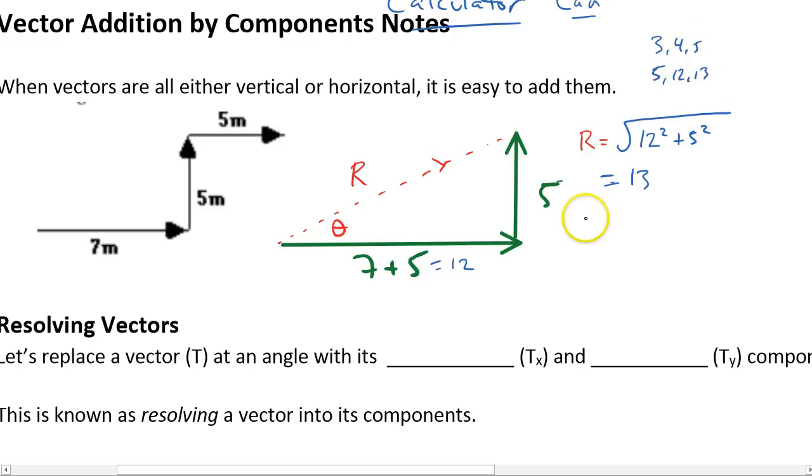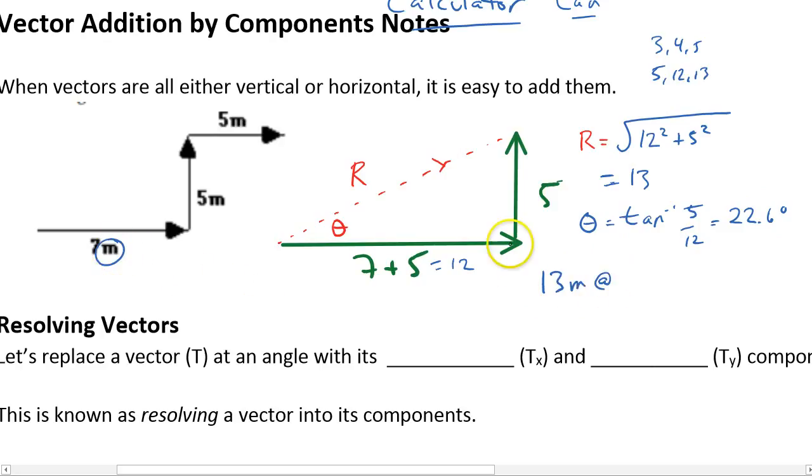So the angle in this case, the theta here, is going to be the inverse tan of 5 over 12, because it's the opposite over the adjacent. So 5 over 12 is around 22.6 degrees. So the answer for this one would be 13, and let's not forget our units, meters.